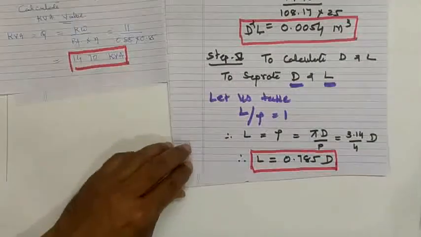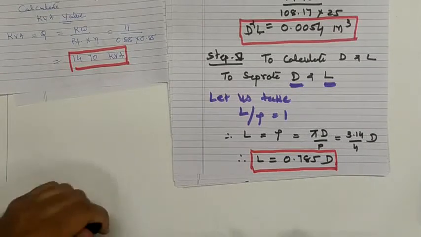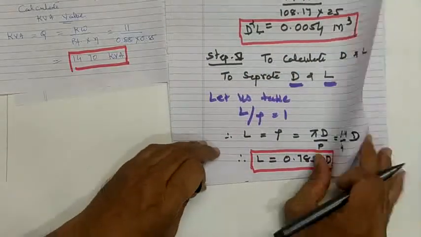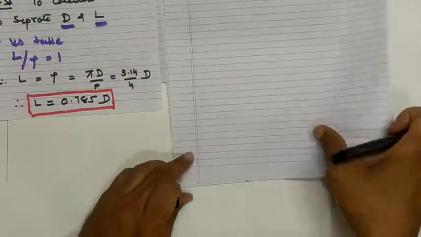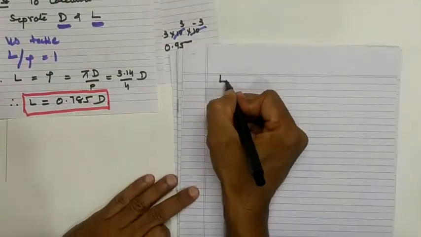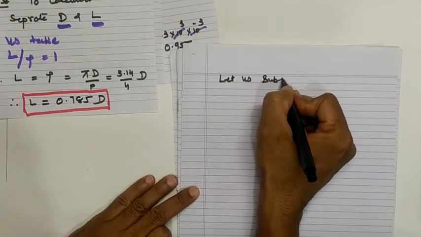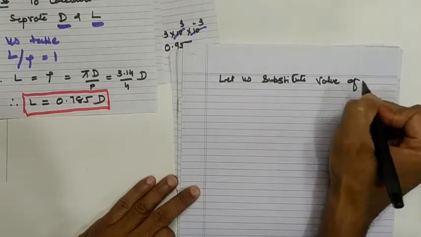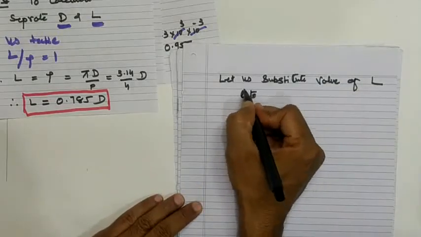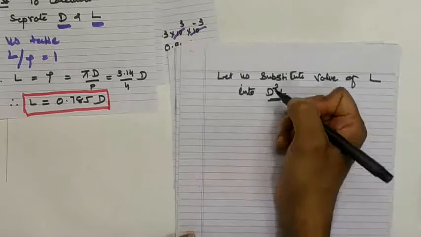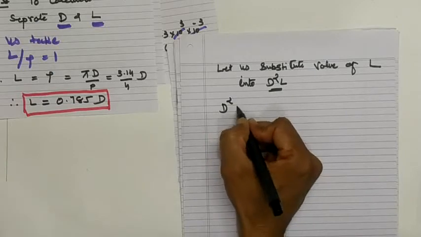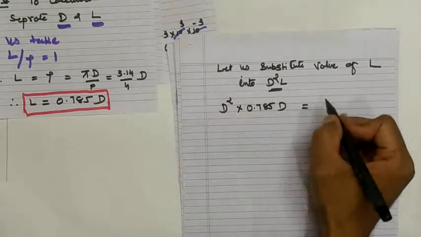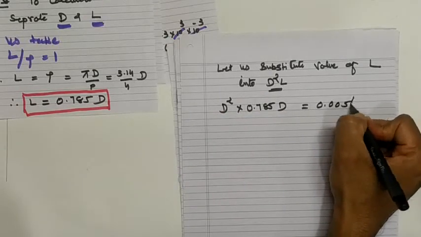So now let us substitute the value of L into the volume, that is our D square L. By substituting, D square multiplied by L, that is 0.785 D, is equal to 0.0054, right?